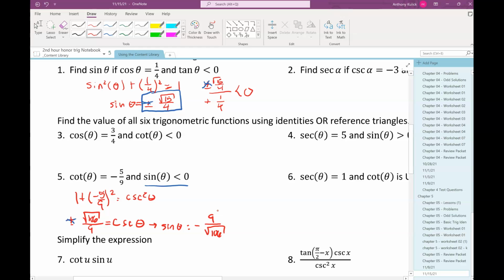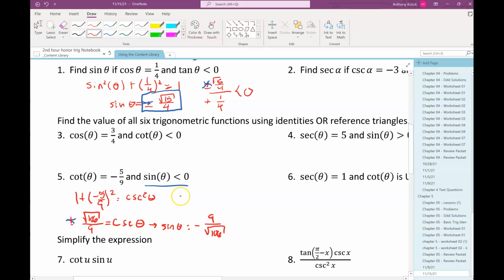And then I know cotangent, oh, come on, pen. There we go. Okay. So I know cotangent is cosine over sine, right?